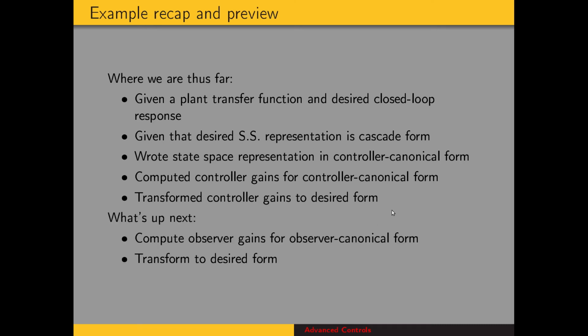So next we're going to do a similar process for the observer. We will write the observer canonical form of the plant state space representation and then compute the observer gains and transform those to the desired form, which is a cascade form.